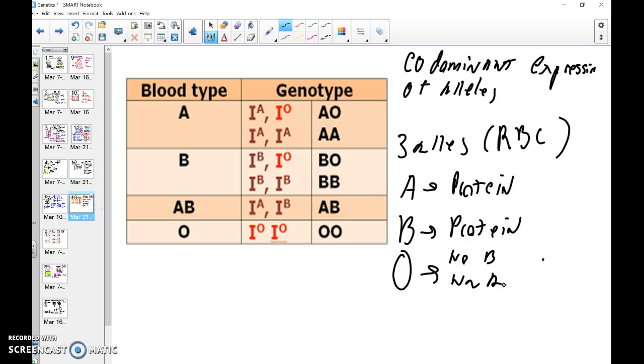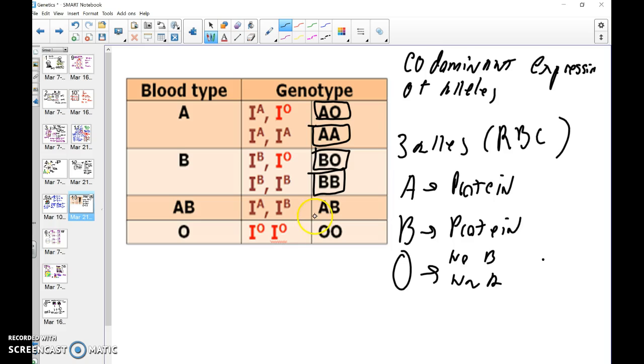So what this means is you could have one copy of the A allele and one copy of the O allele and have A-type blood. You could have two copies of the A allele, like right here, and have A-type blood. You could have two copies of the B allele and have B-type blood. You could have one copy of the B allele and one copy of the O allele and have B-type blood.